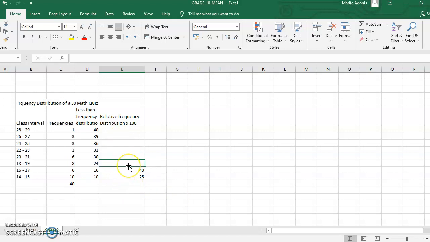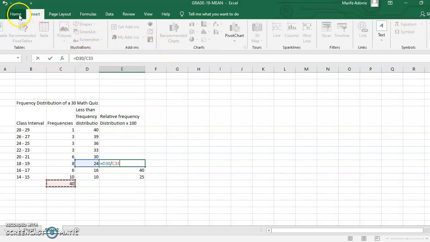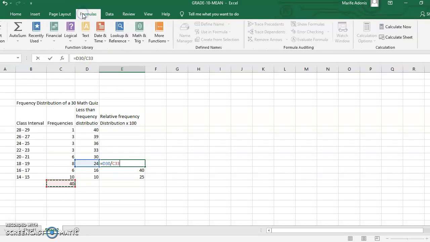So again, no? So we have equals 24 divided by 40 times, insert, okay. So, dito tayo. Yan. 100 equals. Yan. Okay, good.